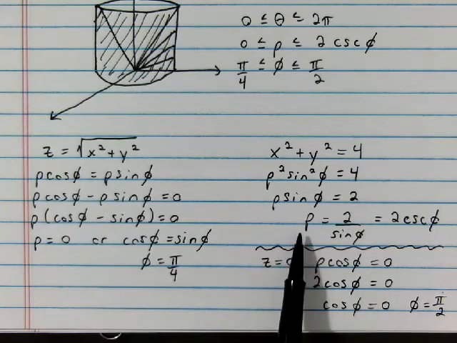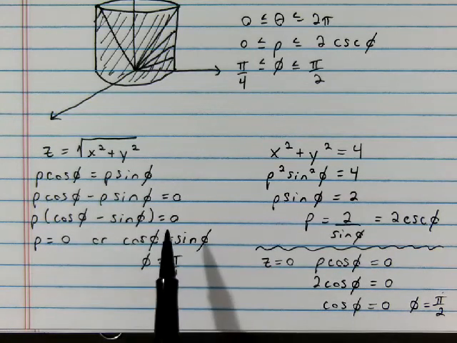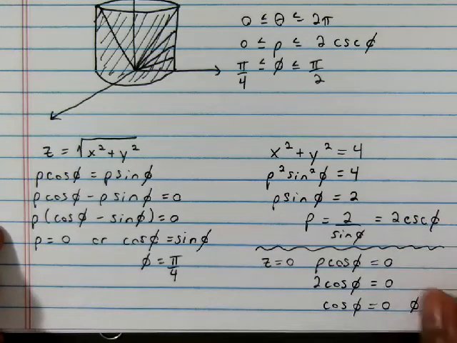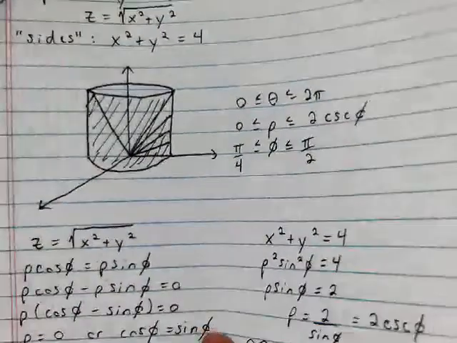With the exception of theta, that was the only thing that is going to involve some level of visualization, but given you know you have a cylinder, that will help with that aspect. All right, so now we can go ahead and set up our iterated integral. Our theta went from 0 to 2 pi.